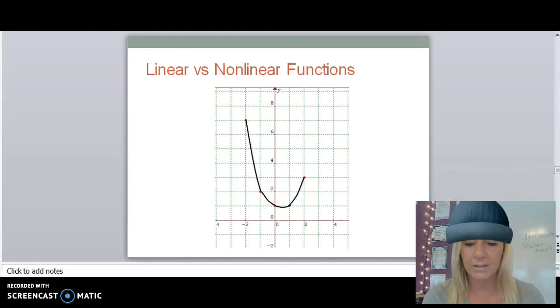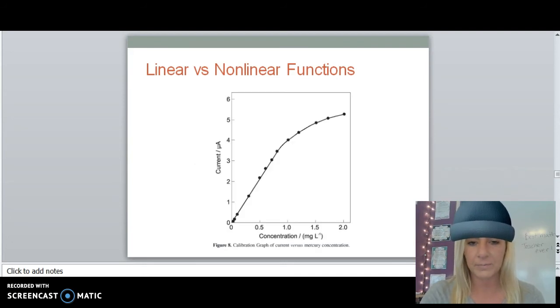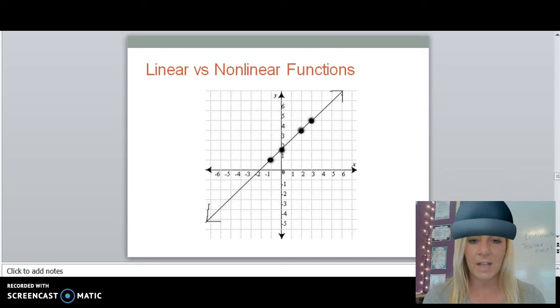Good, nonlinear. Take a guess as to what this function is. Good, linear. Take a guess as to what this function is. Nonlinear. And this last one here is a linear function because it forms a straight line.